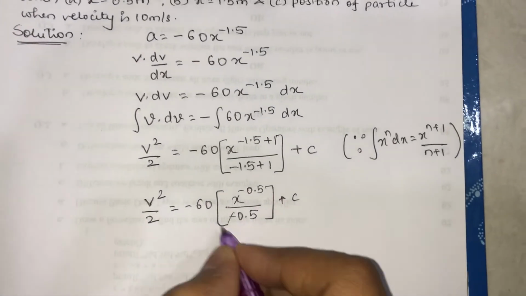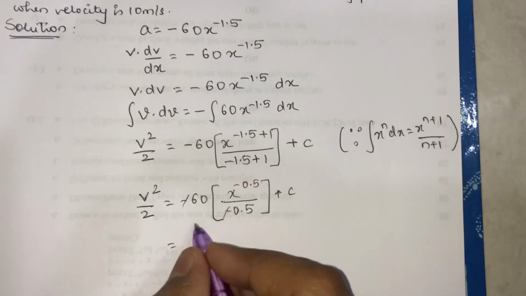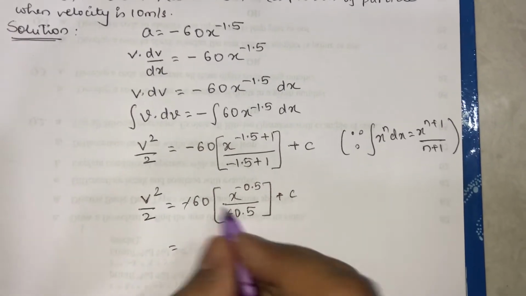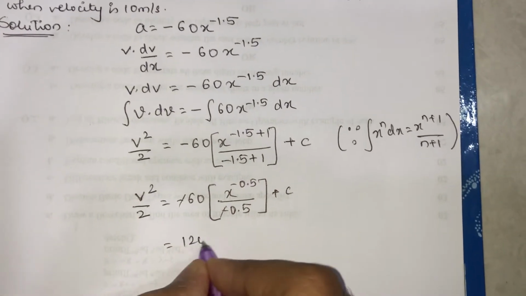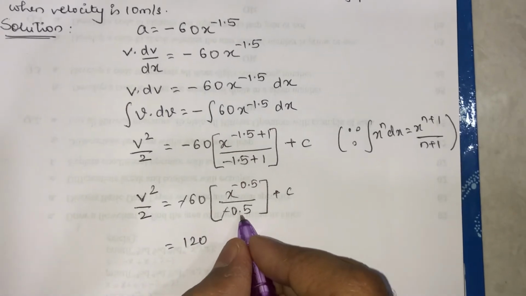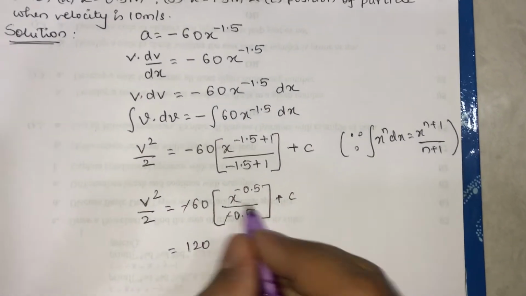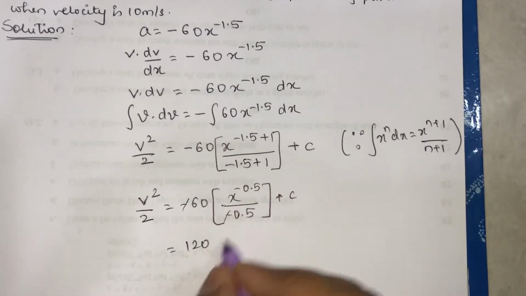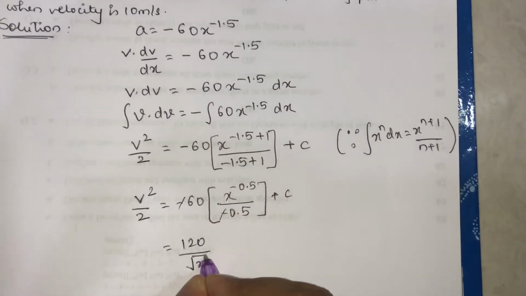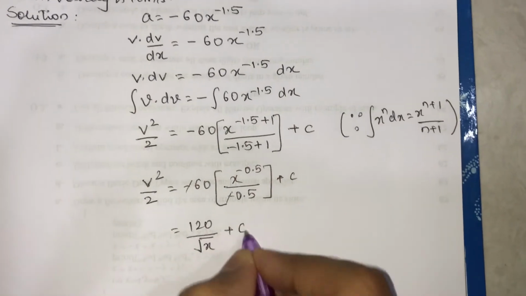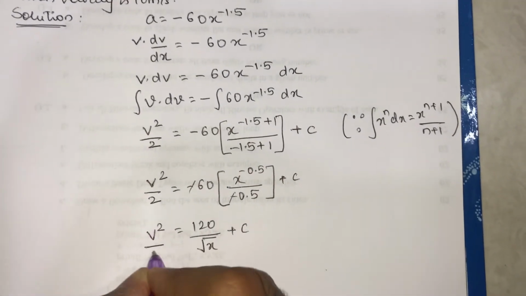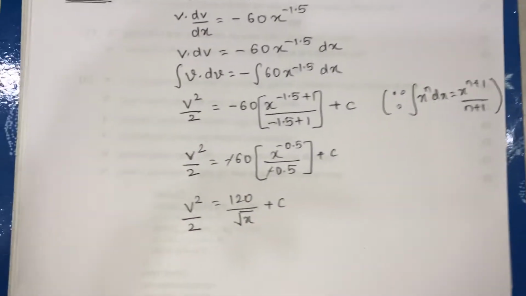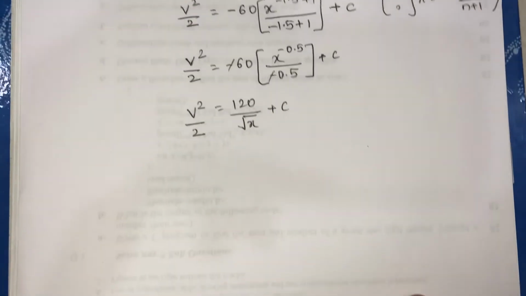The negatives cancel, and 60 upon 0.5 means 120, because 0.5 is 1 by 2, so the 2 goes above, giving 120. And x raised to minus half is actually 1 over root x, plus c, for v square by 2. I hope you are understanding it.